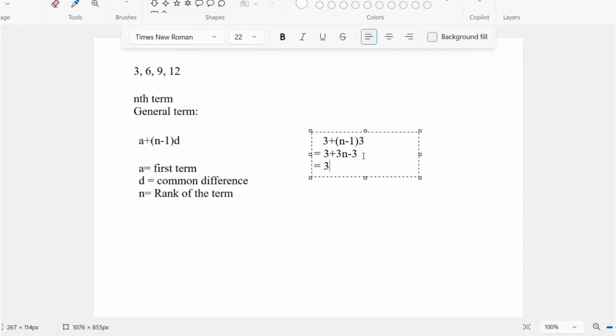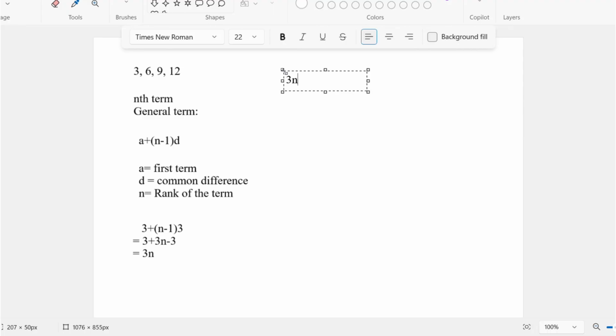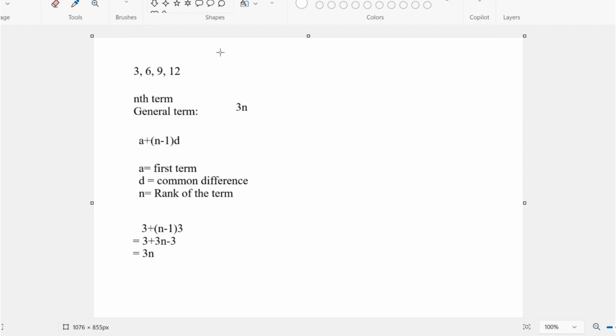So as the final, you just remember 3n. And just like that, you have the general term as 3n. Let's bring it down here and let's put a box around it. And yeah, let's put a box around the formula too.